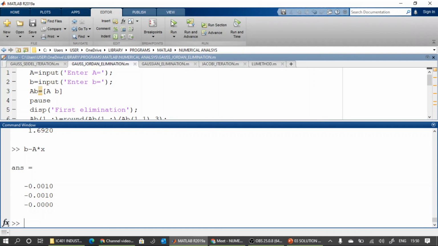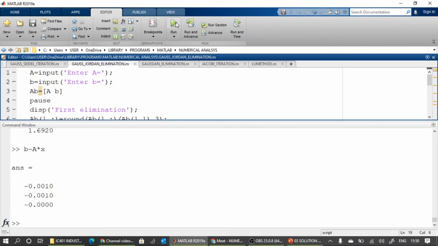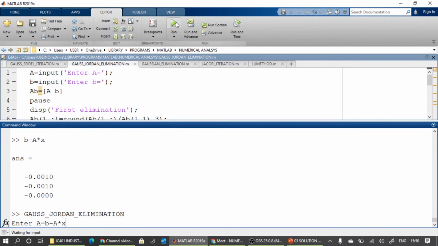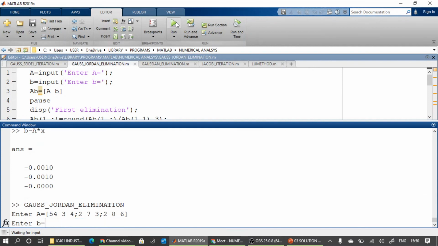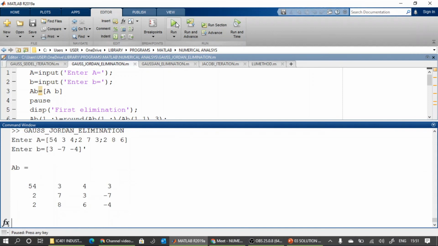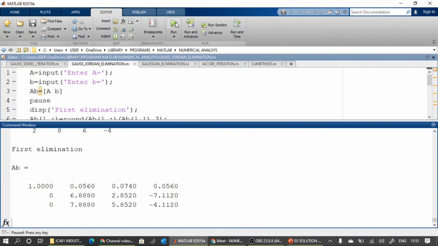Now by using another capital R, so this is 54. This is the output vector. This one is an augmented matrix. This is after the first elimination.